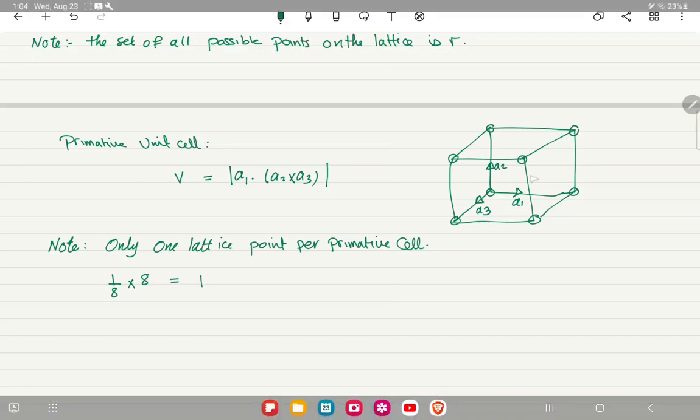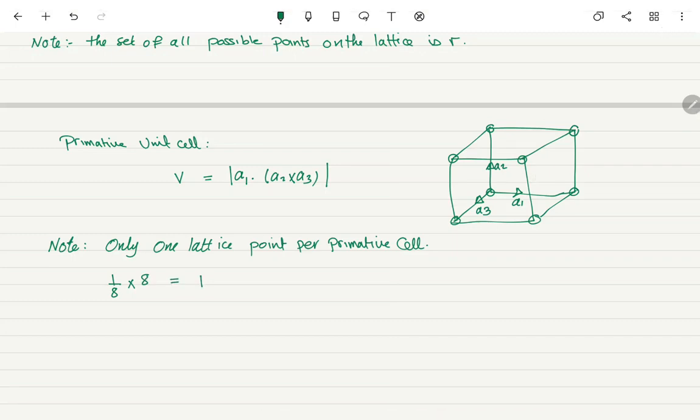So this is actually a primitive cell, and the volume for this cubic system is equal to A1 dot A2 cross A3, or equal to A2 dot A3 cross A1, or equal to A3 dot A1 cross A2.